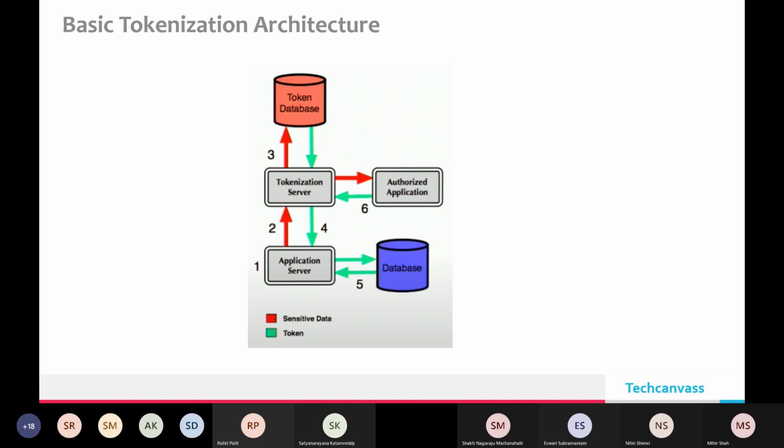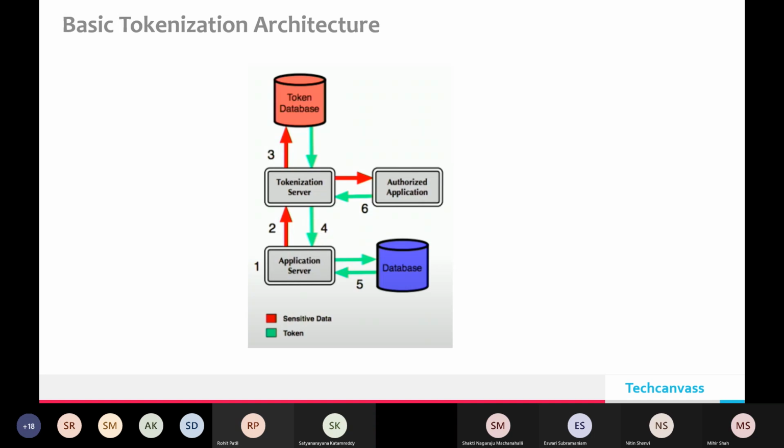They use different terminology, but ultimately what you get is a token number. That is also some 16-digit number. You can use that and do a transaction. The token number is valid only for that particular transaction, and after that, if anybody wants to use that number, it is an invalid number. So in that way, the customer's interests are protected.